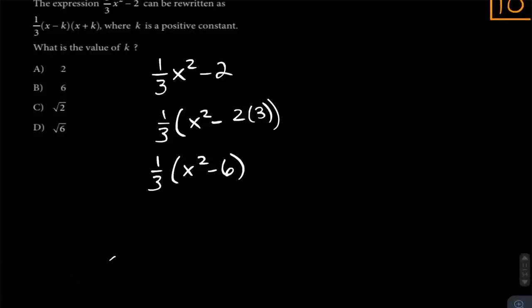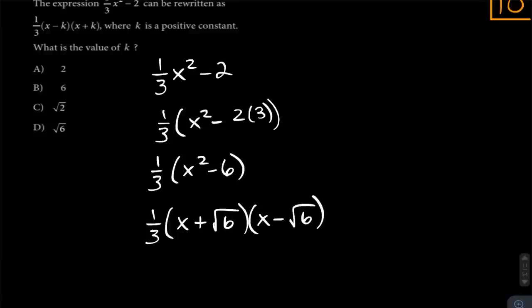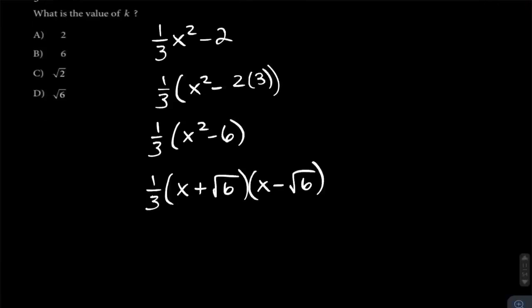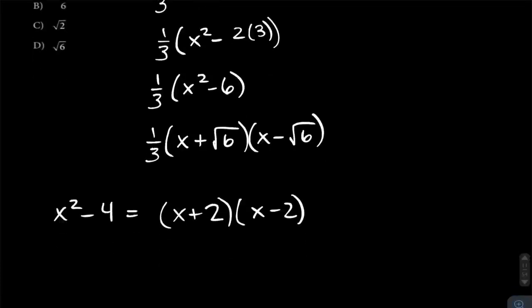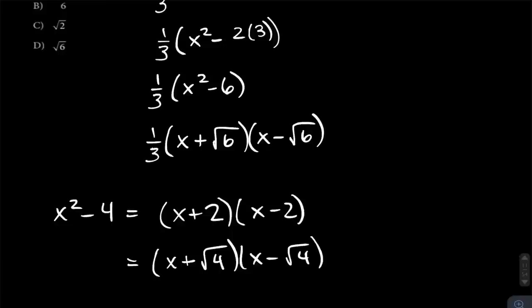Really, when you expand that, what you end up getting is 1/3 times x plus rad 6, x minus rad 6. That's the same thing as doing it with x plus 2, x minus 2 off of x squared minus 4. When you actually go and expand this, it's really x plus rad 4, x minus rad 4. It just so happens that it's really nice to write these things, I mean, they're perfect squares, so it's just 2.